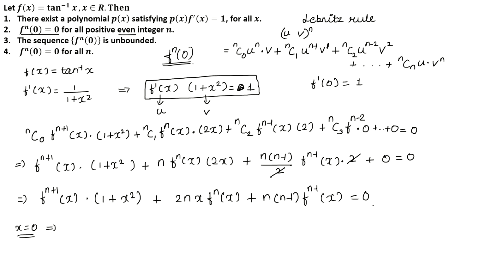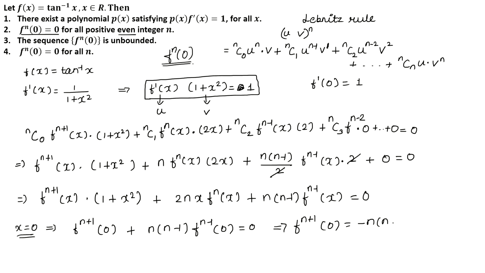This implies the equation becomes f_{n+1}(0) into (1 + 0²), which is 1, plus 2 into n into 0 into f_n(0), so plus 0, plus (n−1) into f_{n−1}(0) is equal to 0. So this gives us f_{n+1}(0) equals −(n−1) into f_{n−1}(0). This is what we have obtained.